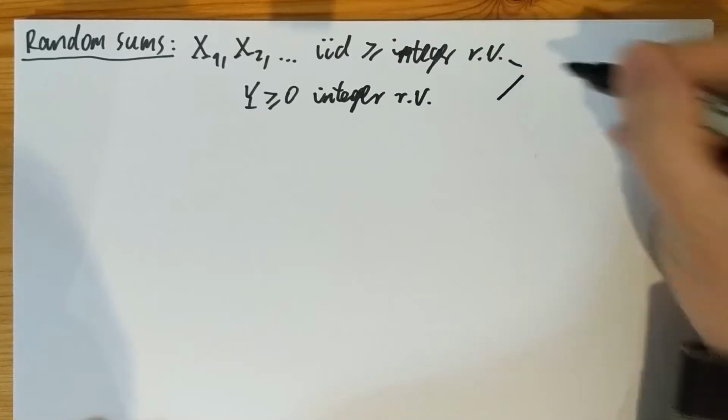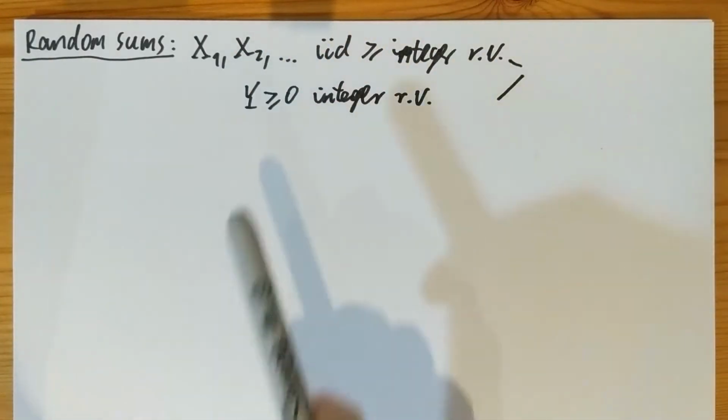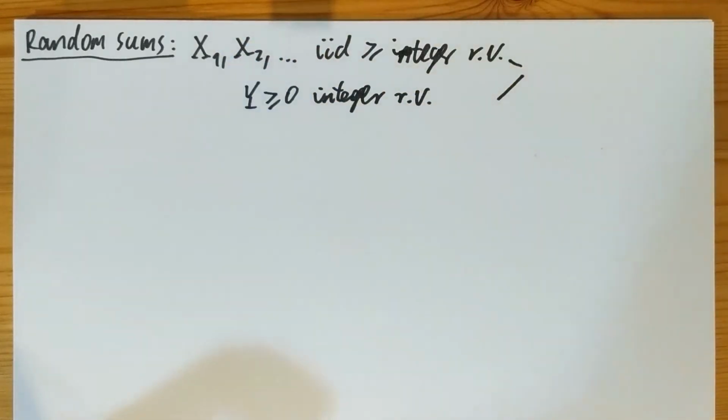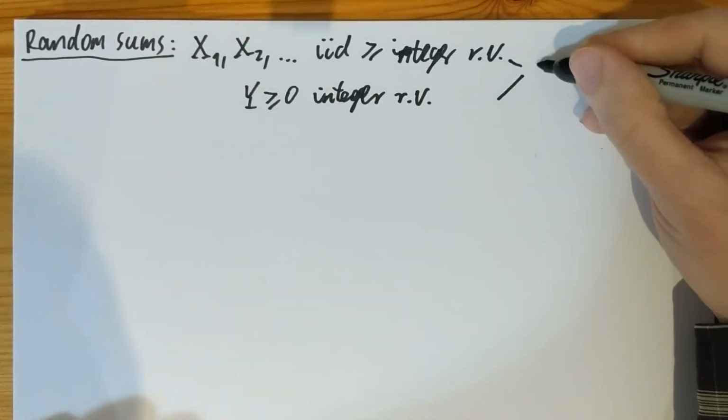Moreover, these are completely independent, so the X's are IID, independent of each other, but the joint distribution of the X's is still independent of the Y, so all this set of random variables is fully independent.